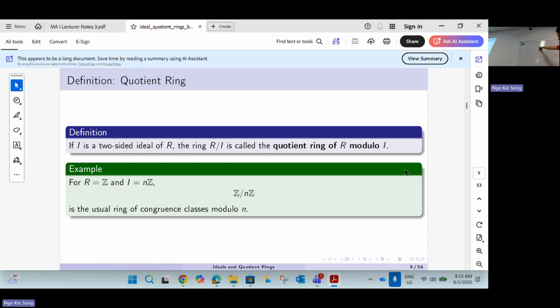This is very easy to see, because nZ is defined so that every element z is a multiple of n, for some m, not for all.